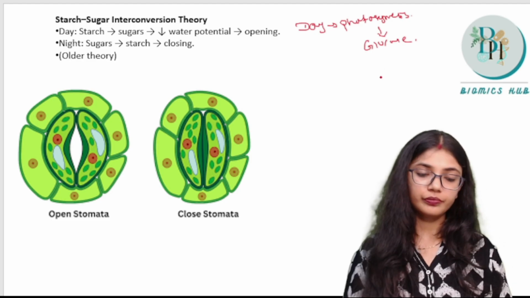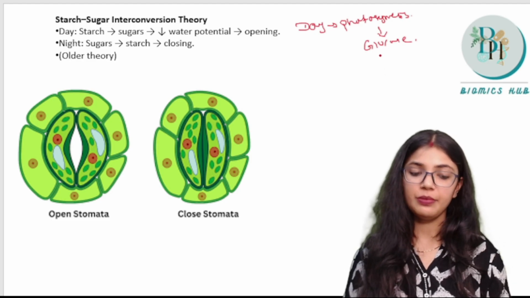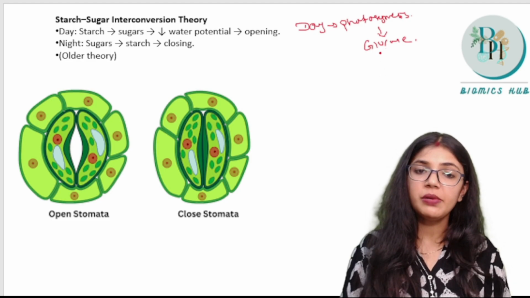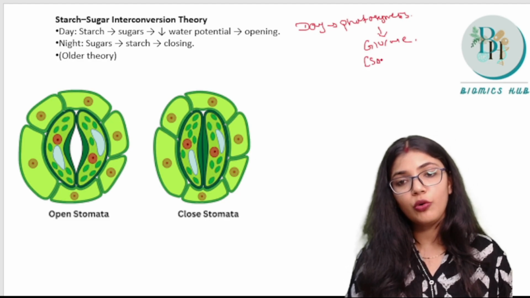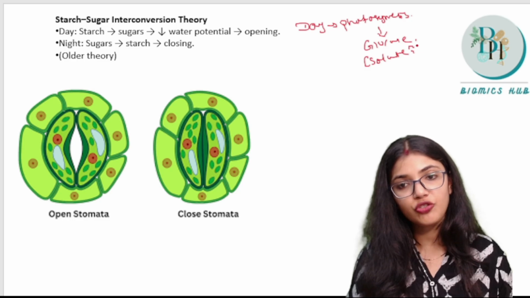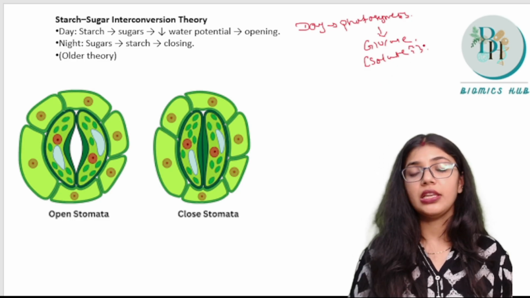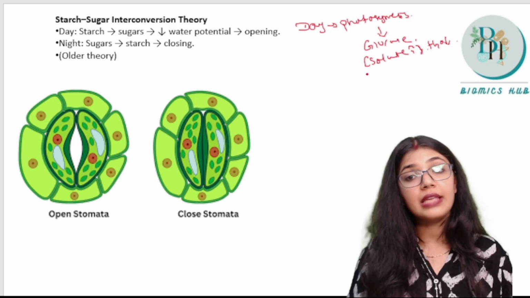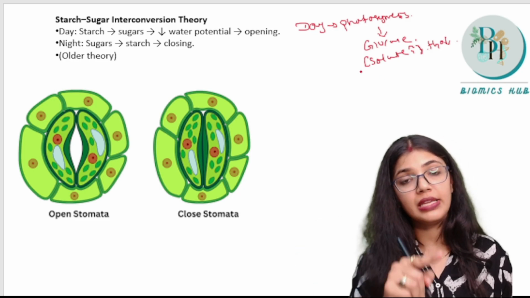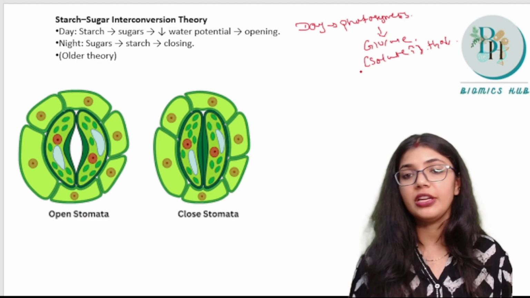This glucose will be present in the guard cell. So due to this the solute will be more in the guard cell. As the solute is more, that means H2O will be low in the guard cell as compared to the outer environment, and here the outer environment is the subsidiary cell.